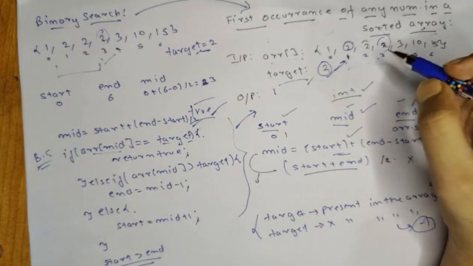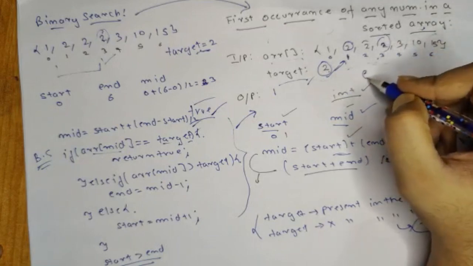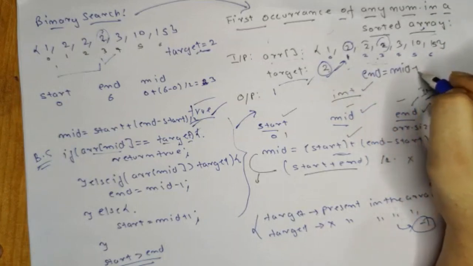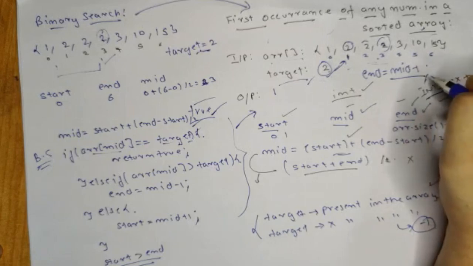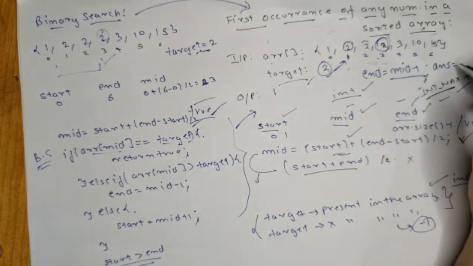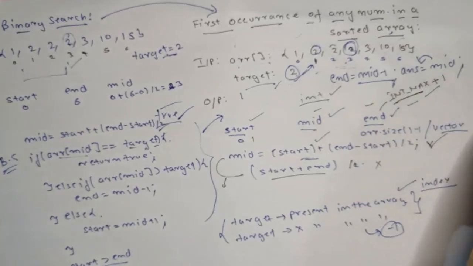Then we can perform end is equal to mid minus 1, and along with that we can store the current answer, the current mid index, in a variable answer.